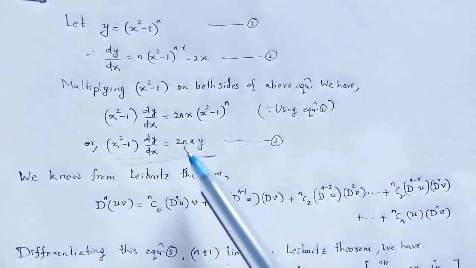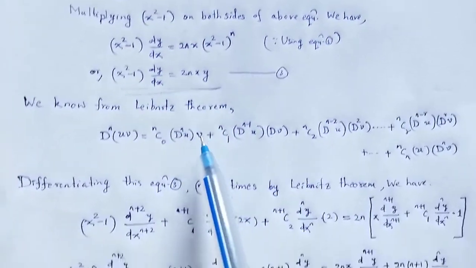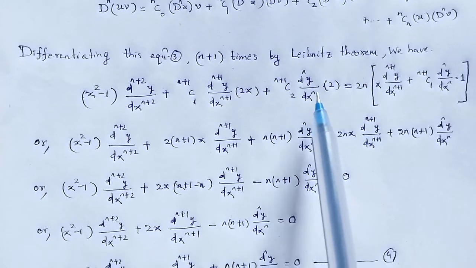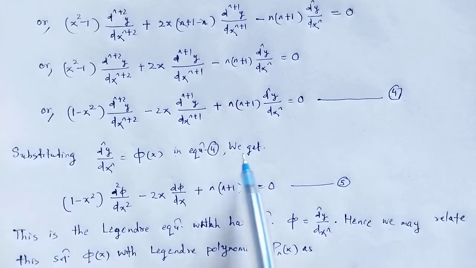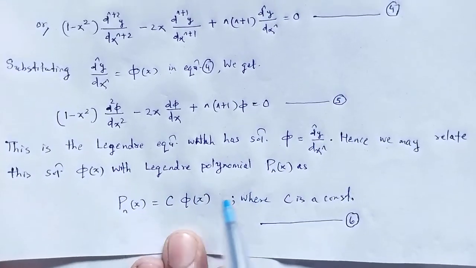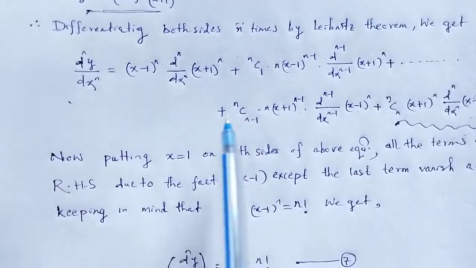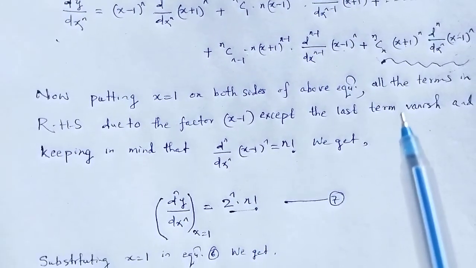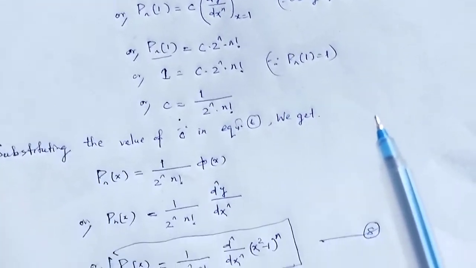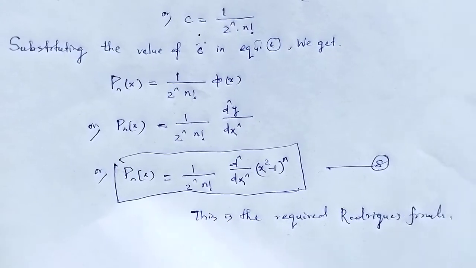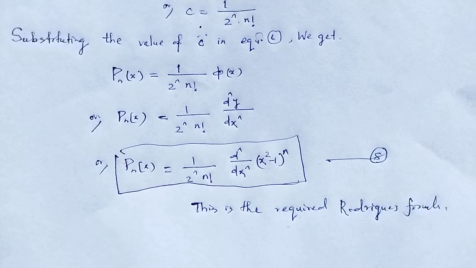We prove proceeding like this, taking y is equal to this much and differentiating, multiplying that factor n plus 1 times differentiation by using Leibniz's theorem, and substituting that quantity and proceeding like this, and finally prove the Rodrigues formula for the Legendre polynomial.